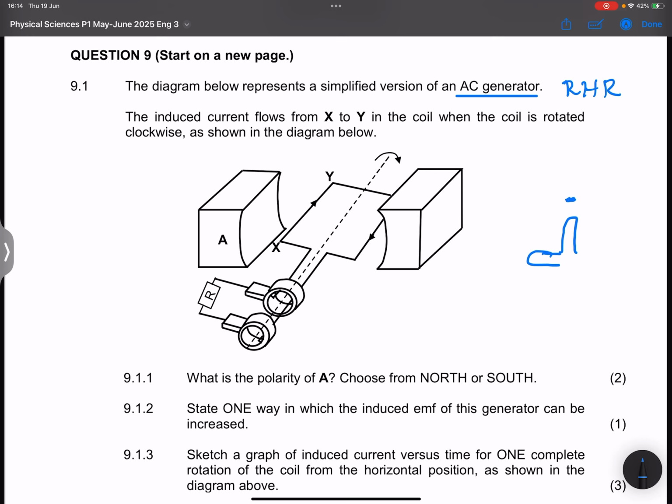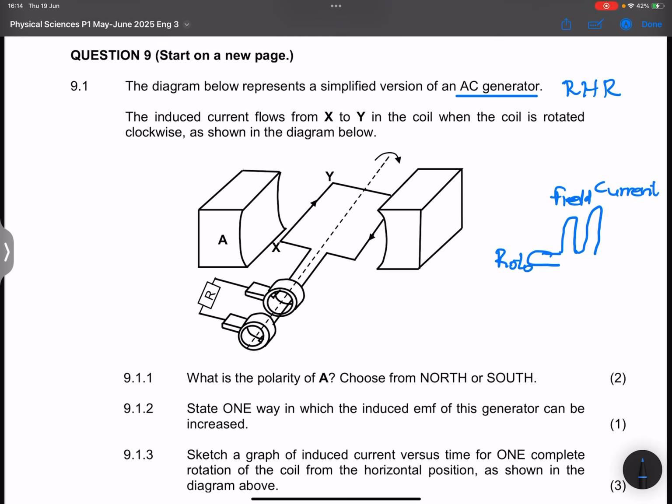And then you've got your second finger, in this case, your middle finger. That will show us the direction of the current. And the thumb will show us the force or the direction of rotation.